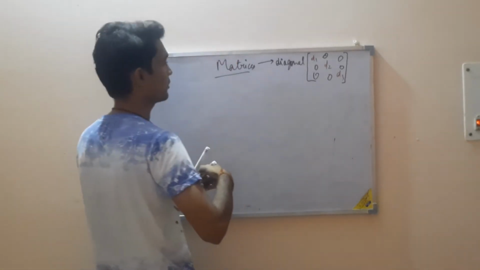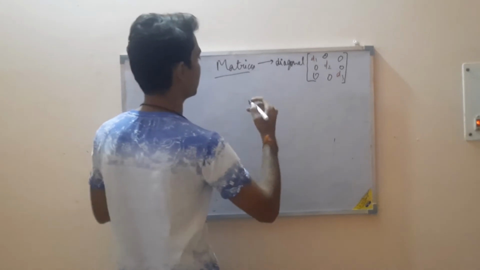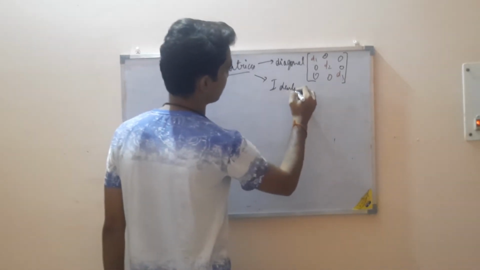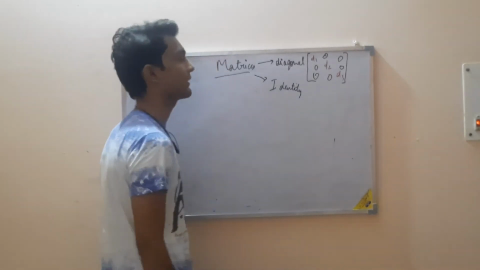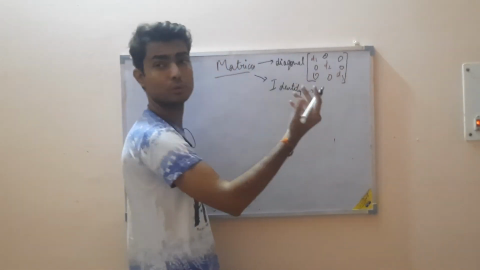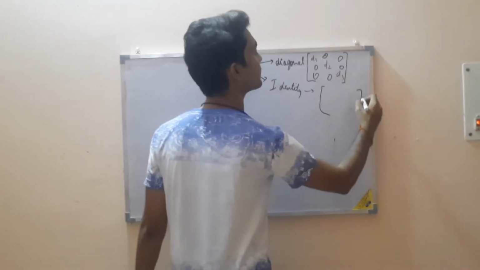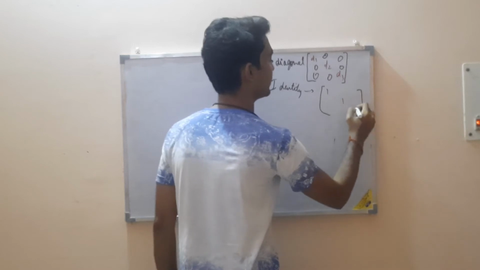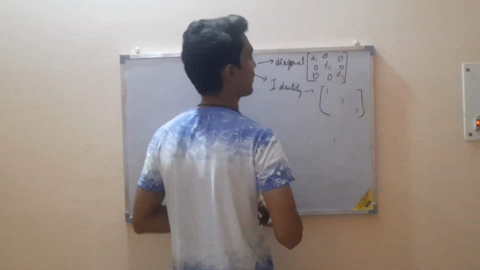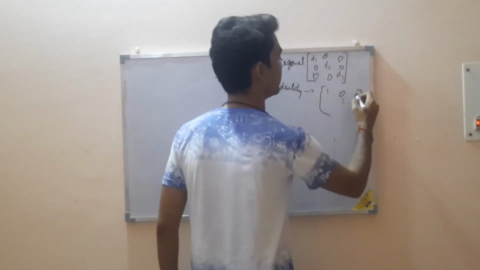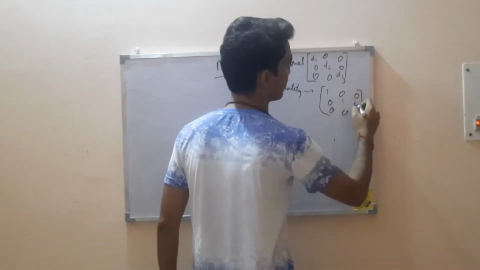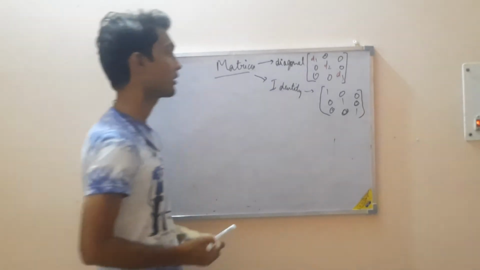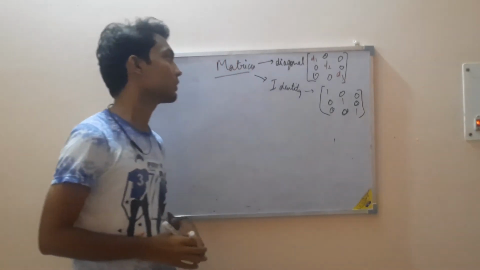Now coming to the next, identity matrix. Identity matrix, as you all know, has 0, 0, 0 and 0 elsewhere.